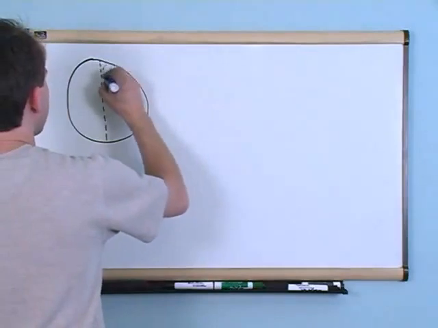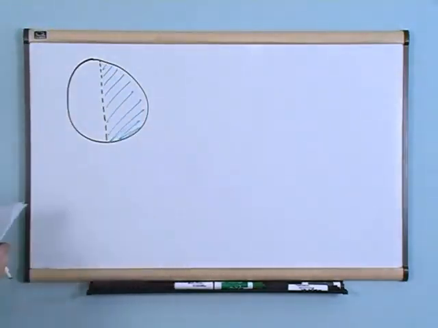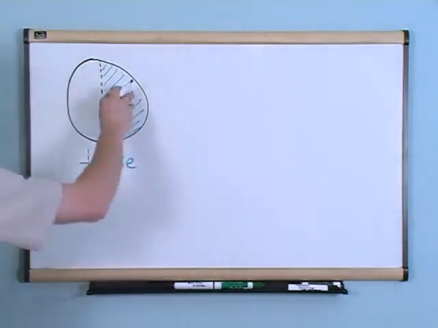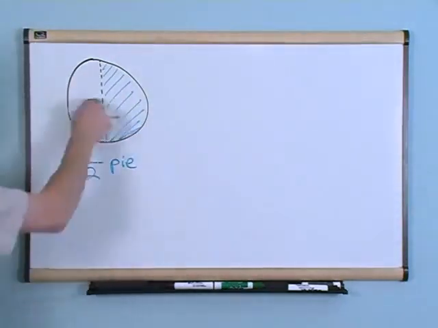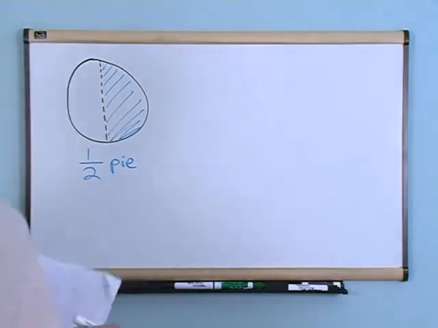And I take this half away. How much have I taken away? This is 1/2 of a pie because I've taken one piece away out of a possible 2 pieces. That's 1/2 of the pie. Now, hold that in your brain. We're going to talk about this for a second.